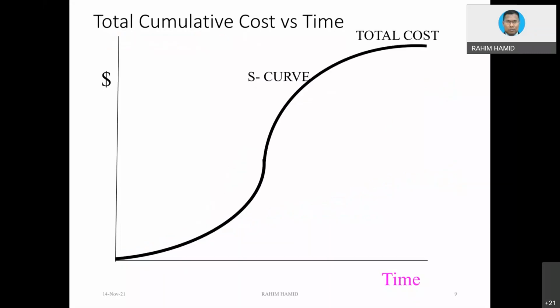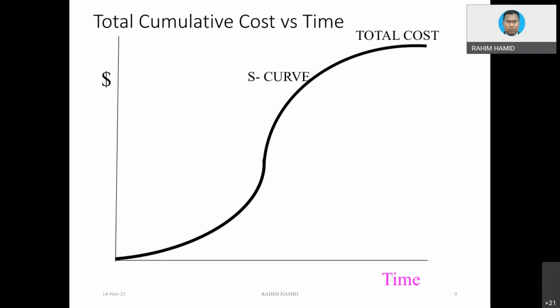And the total cost is the one that basically looks like what we call the S-curve. So the S-curve that we normally refer to in the construction industry.